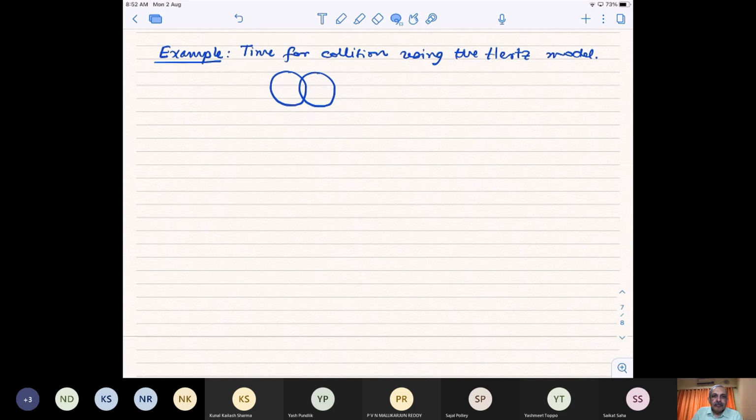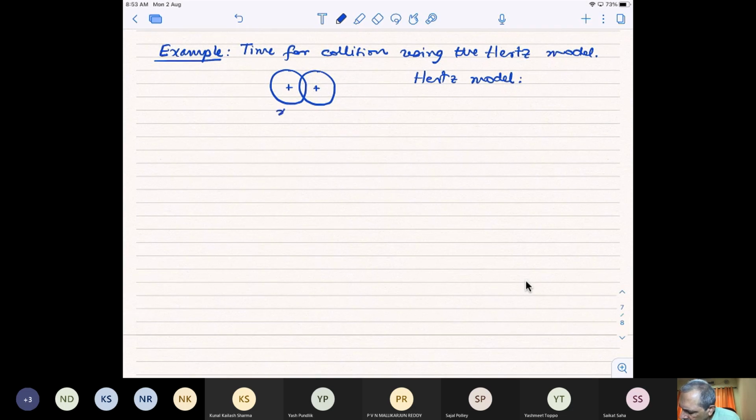So if you remember, there is the Hertz model. It depends on the extent of overlap. So we follow the centers of the particles. Let's say the position of the center of this particle is x1 and the position of this particle is x2. So we are talking about the centers. So this is x1, that is x2.